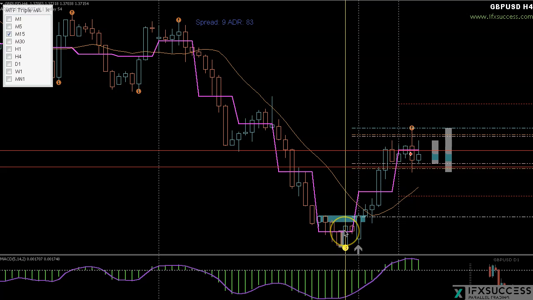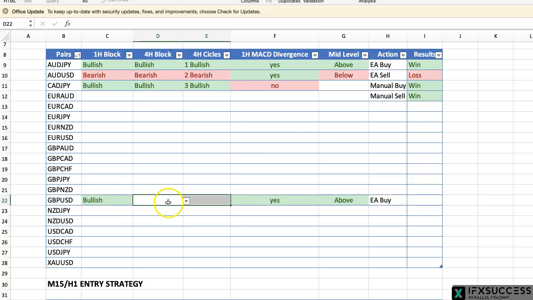To me, that is sufficient to make a decision on the 1 hour. I don't have to wait for the regular block. You can wait until the next day, which did happen, but on this particular day, when my 1 hour block happened, I also got a bullish block on 4 hours. To me, that's sufficient.